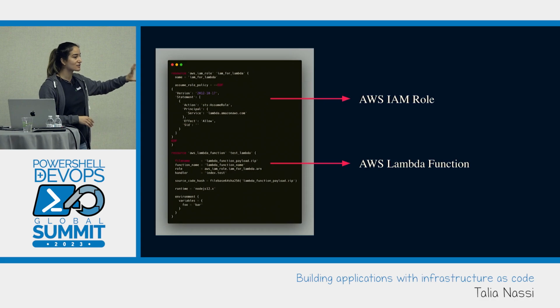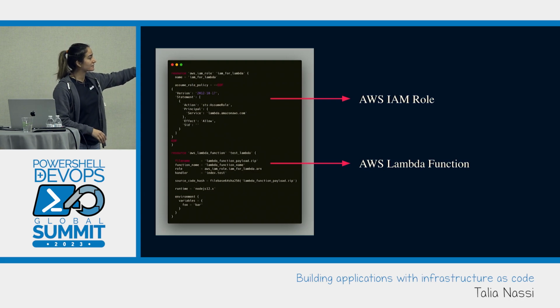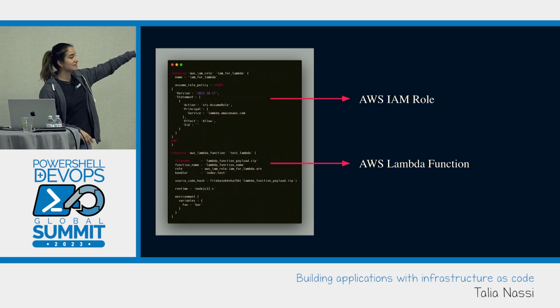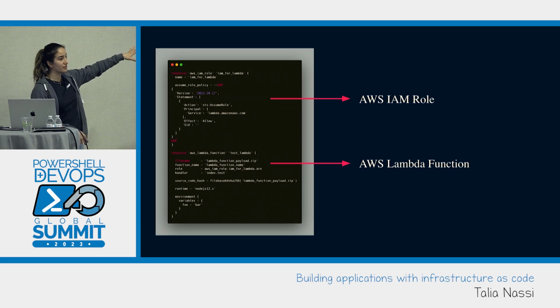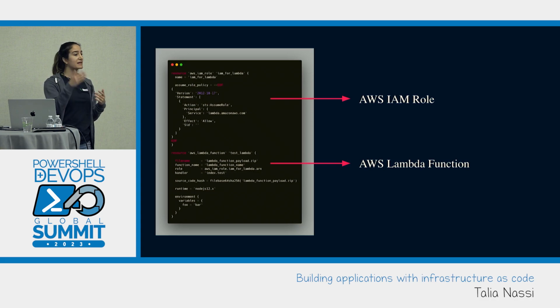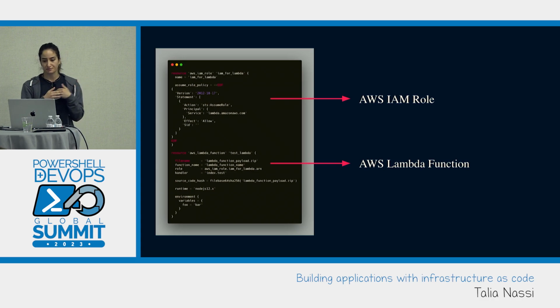I'm going to say this is what I want. I don't have to write step-by-step instructions of how you create the Lambda function. I'm just saying, this is the Lambda function, these are the configurations, this is the IAM role I want, these are the configurations for that. And then your cloud provider will say, okay, let me make that for you. So you don't have to go into the details of how to do it.